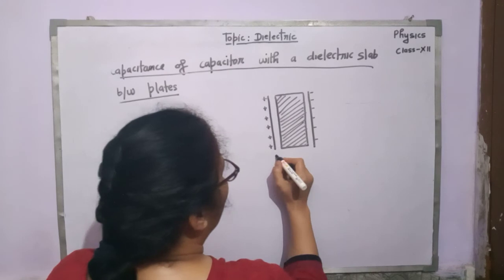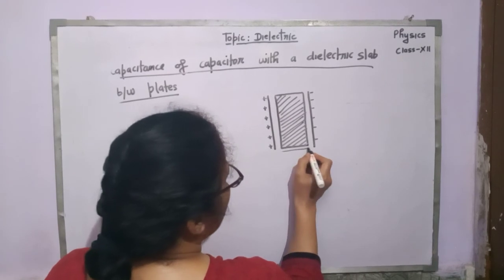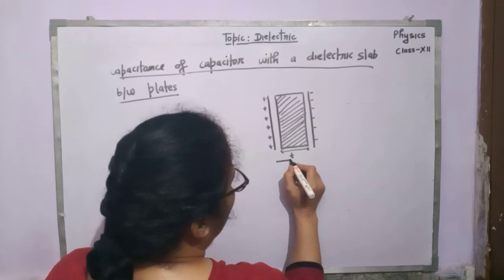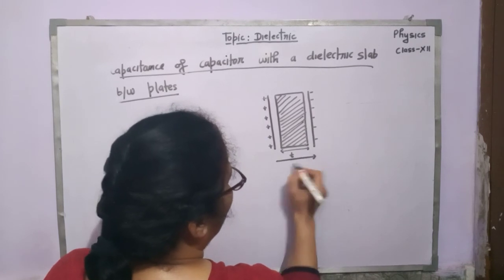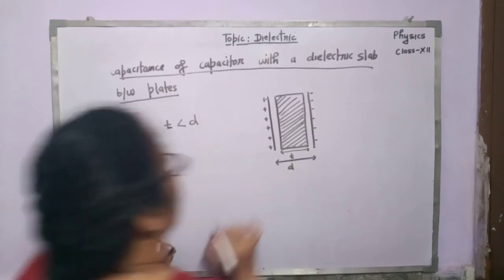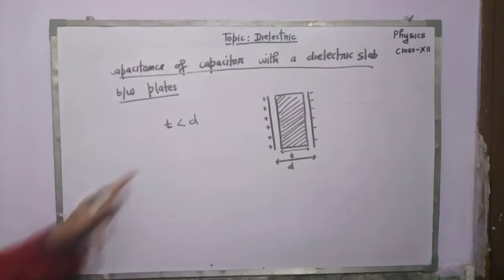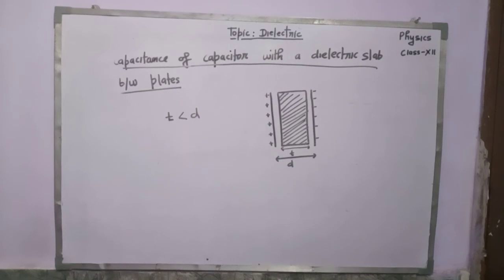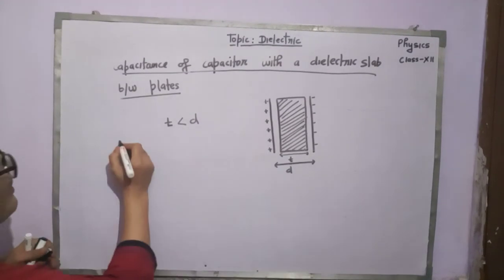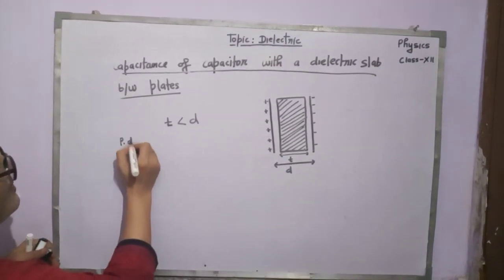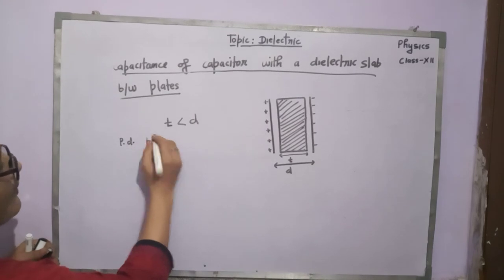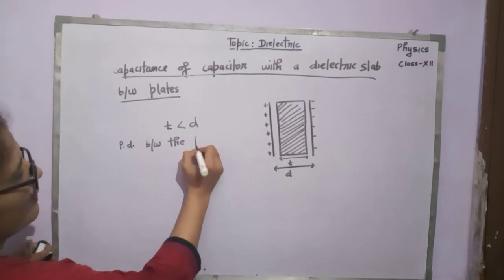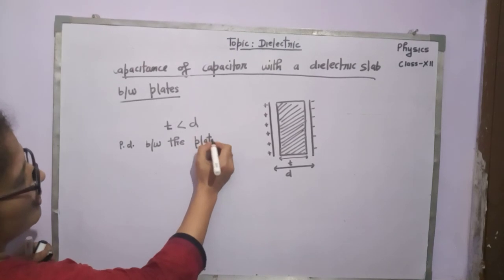You can see here this distance is T. This is the thickness, and from this to this distance is D, the distance between the plates. Then T is less than D. What is the value of the potential difference between the plates? How can we determine its value?